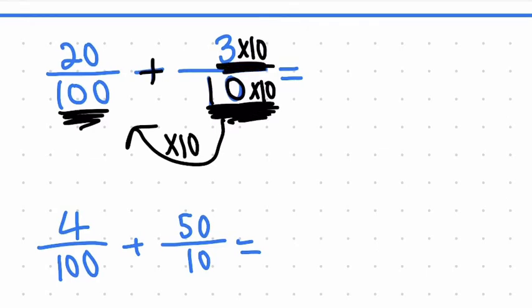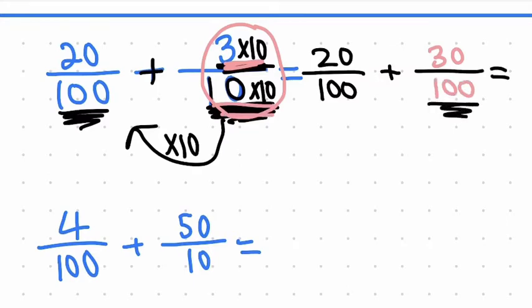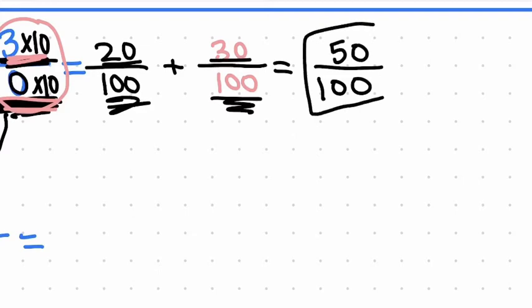So then you copy the first fraction, and now this new fraction is going to be 3 times 10, which is 30, and 10 times 10, which is 100. So now as you can see here, these two denominators are the same. So you just bring the denominators over, and then you add the two. So it's going to be 20 plus 30, which is 50. So this is your answer.